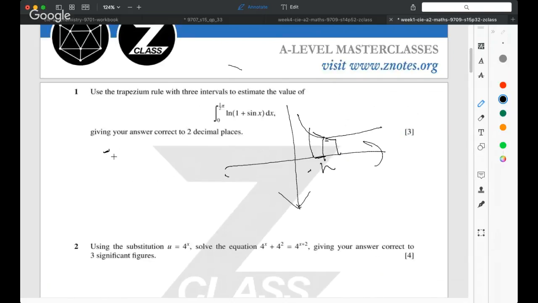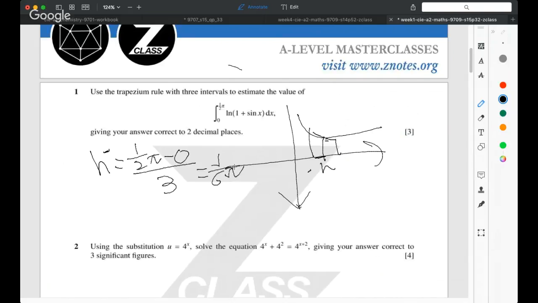So now we can find h because we have the formula. h is b minus a over n, which is 3. b is half pi.